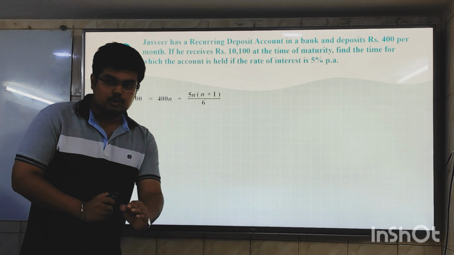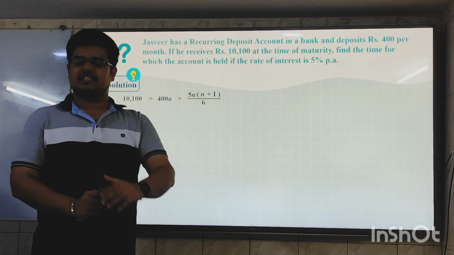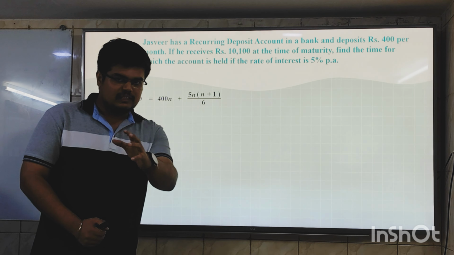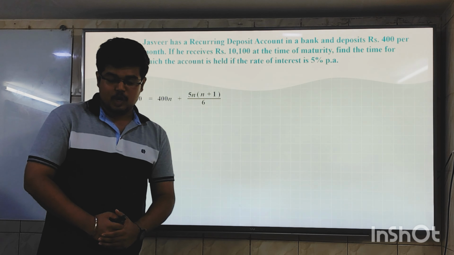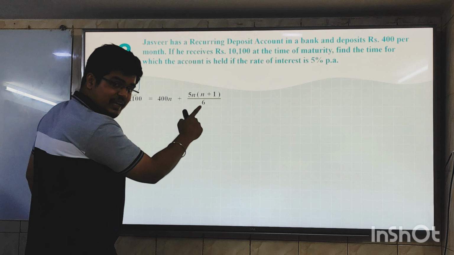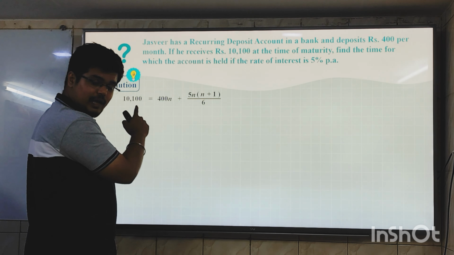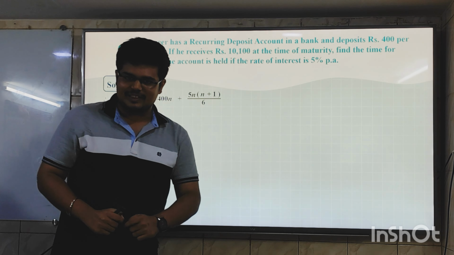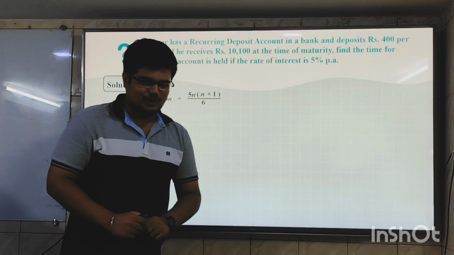Now comes the most important, the most crucial step. At this junction, most people will mess up, and I'll tell you the common mistake made by most people. Most students will directly take the 6 on the left hand side and multiply it with 10,100. If you are wondering what is wrong in that, then you are one of those people I was talking about.